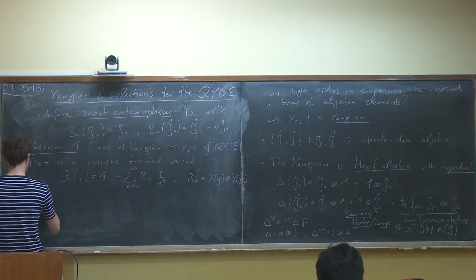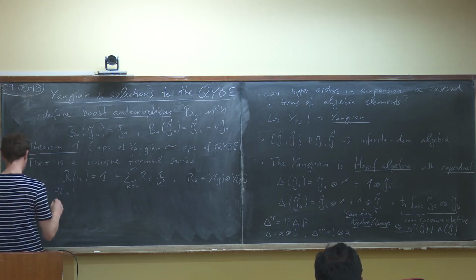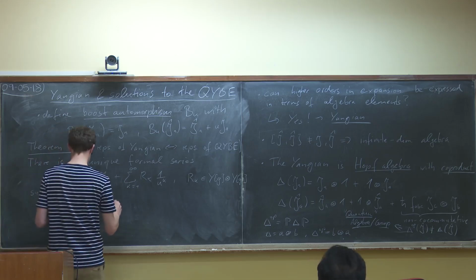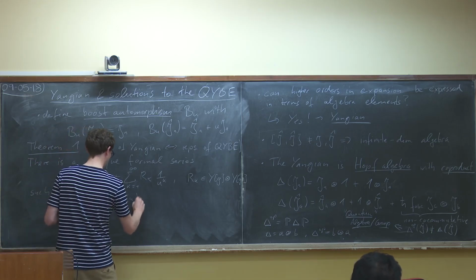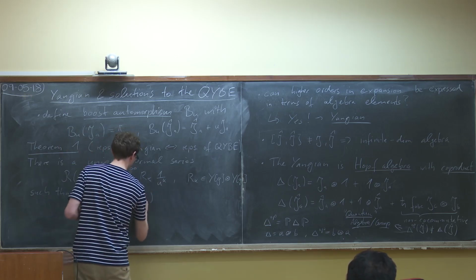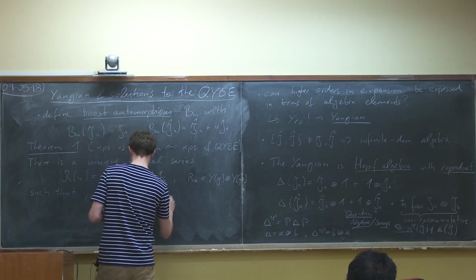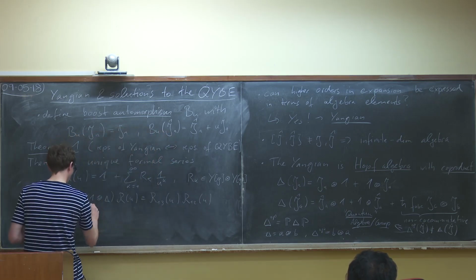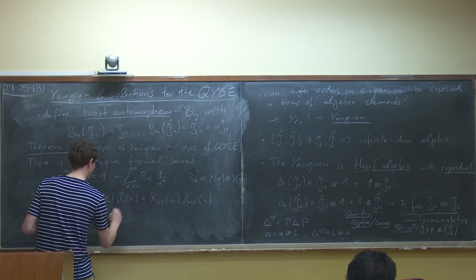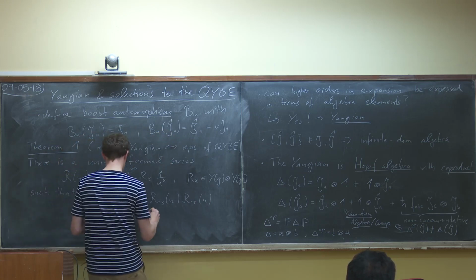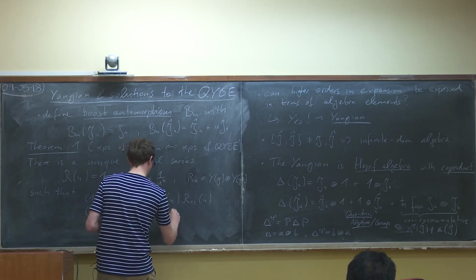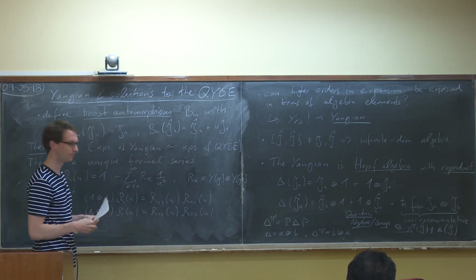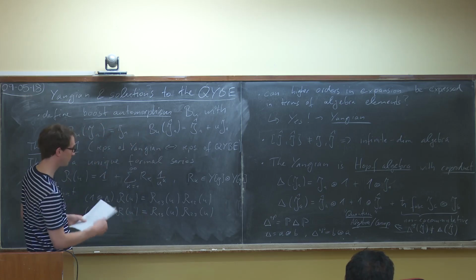And this R obeys certain properties, namely (1 ⊗ Δ)R(u) is R13(u) R12(u), and (Δ ⊗ 1)R(u) is R13(u) R23(u).